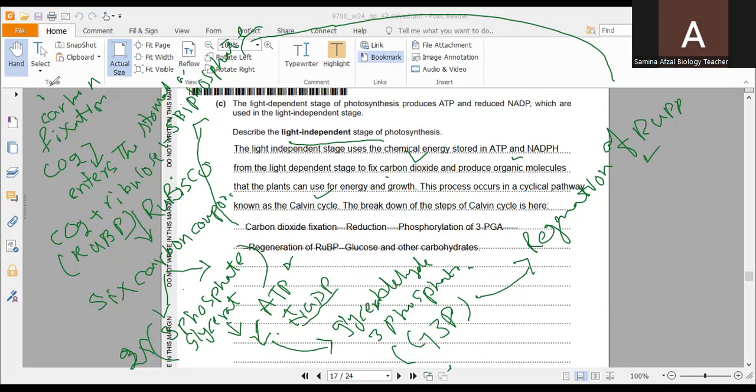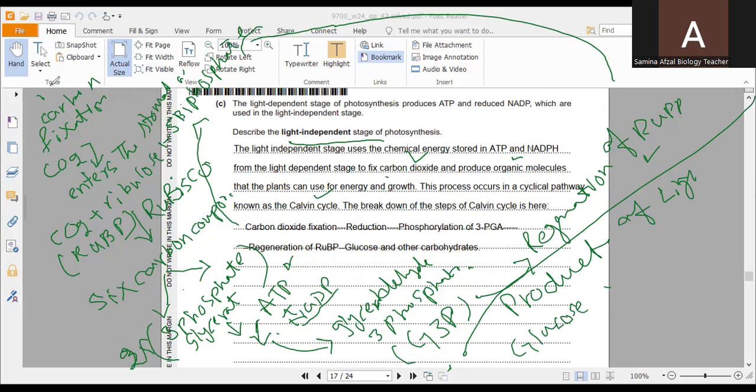Products of the light independent stage are glucose and other carbohydrates. Products, I can write over here, products of light independent stage are carbohydrates, glucose, and other carbohydrates.